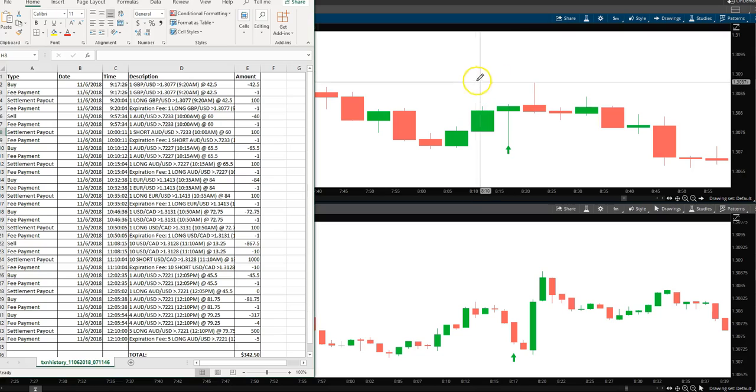So here's a trade. This is a 5-minute candlestick chart of the pound USD, and this is a 1 minute. I wanted to show the exact time of entry over here. It was a buy, and I had a buy sitting down here below the market. I always have the market come to me. I don't just go in there and buy at the market because I'm always pricing my orders in.